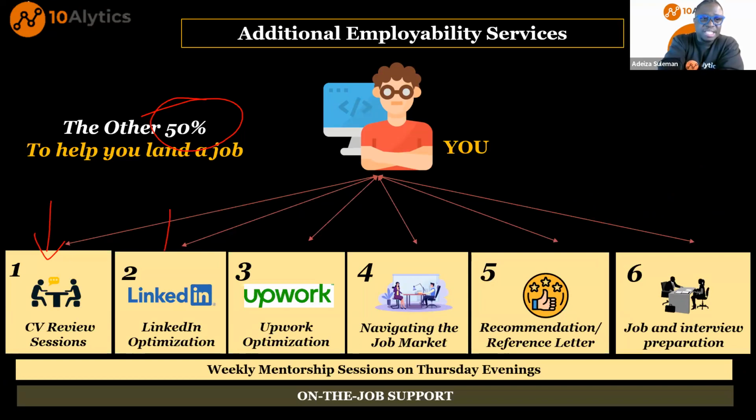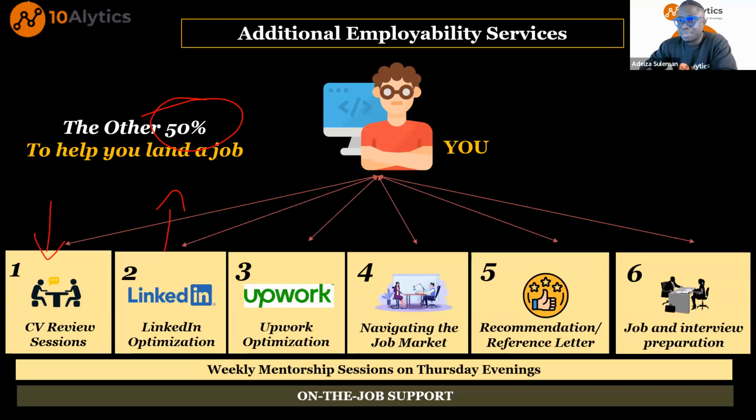Now you also move to LinkedIn optimization. So now I'm speaking about the other things you need to do apart from the technical skill. If you ever want to get a job in any of the major organizations, in the major economies, in Africa, in the UK, in Canada, in the US, or you want to work remotely for organizations across Europe from your home country, these are the other things you have to do.